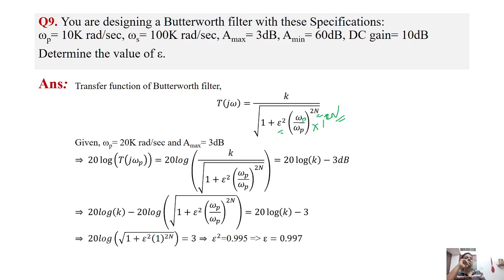We just substitute omega equal to omega s. At omega equal to omega s, the gain of T of j omega in dB will be the DC gain minus the attenuation, so 20 log k minus A minimum, which is 60 dB.